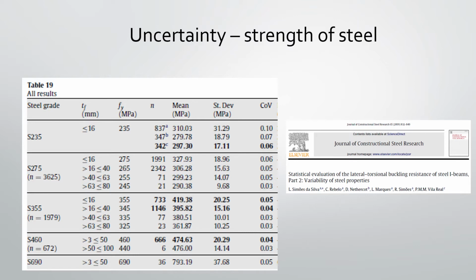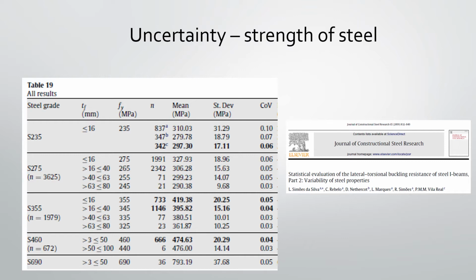For the S235 steel we can see that the characteristic yield stress is determined as 235, while measurements from laboratory tests with 837, 347 and 342 specimens indicate a mean value of the yield stress of up to 310 megapascals, and a standard deviation between 17 and 31 megapascals.